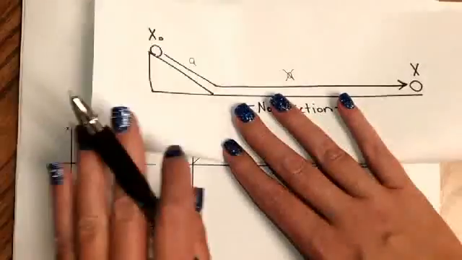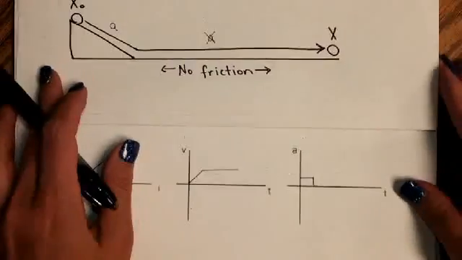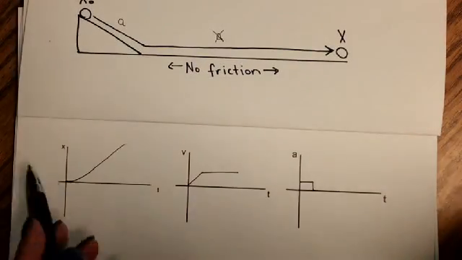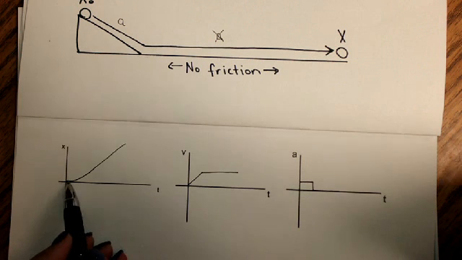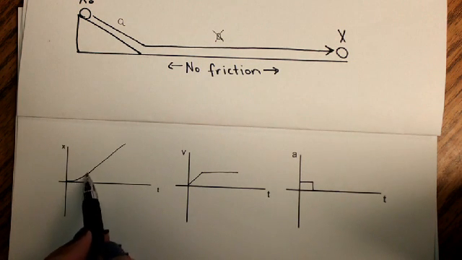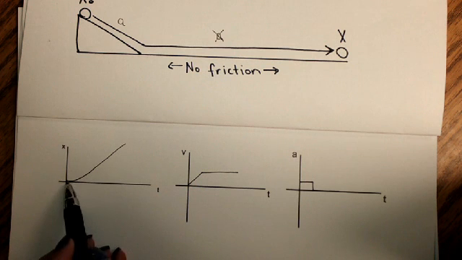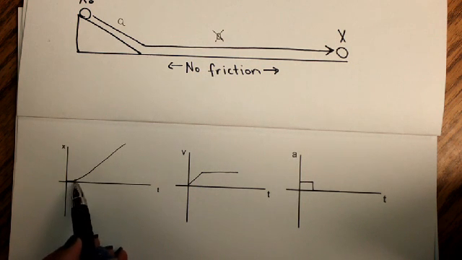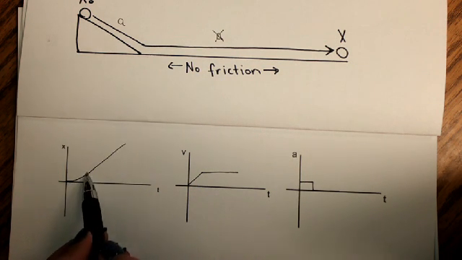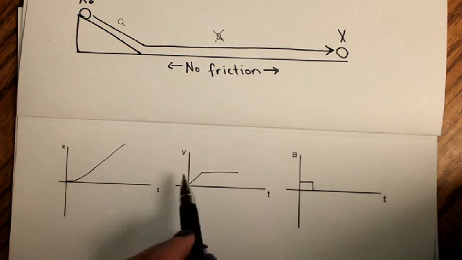Alright, so here are our answers. It's moving in the positive direction and it's increasing in speed. So it's going to have an increasing positive slope here, kind of curved upward. Starts out slow, but it's moving to the right and it's speeding up. So there's a little curve there.